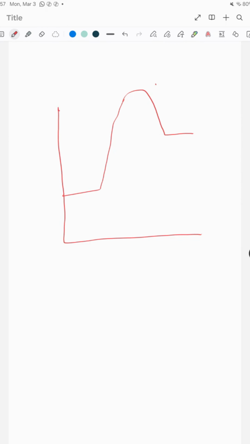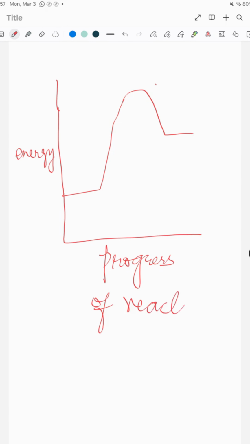I am going to give you some more understanding about the endothermic reaction as well. If we have to draw the endothermic reaction, what will be the difference? In endothermic reactions, products have more energy than reactants. So we place the reactants a little bit down. Here is the energy, and this is the progress of reaction.